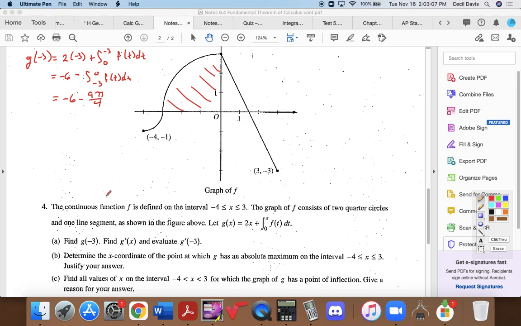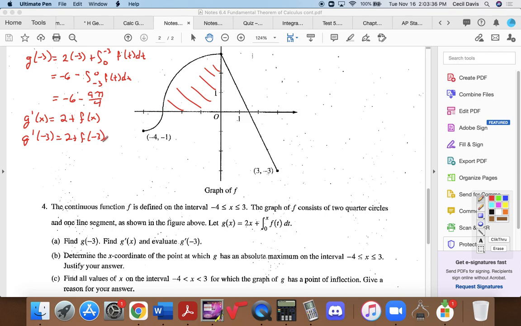Then it says find g prime of x. Okay. Taking the derivative of 2x will be 2 plus f of x. I think you got a point for doing that. And then g prime at -3 is 2 plus f at -3.